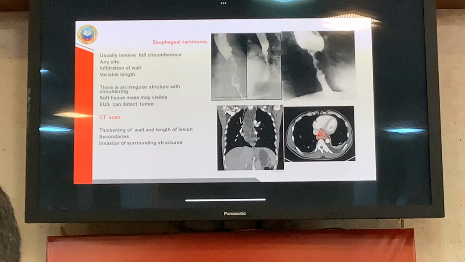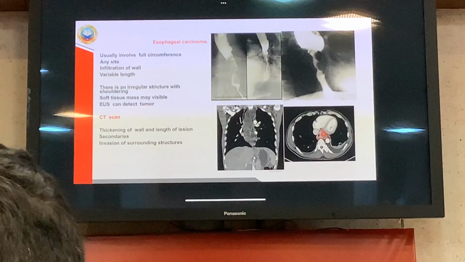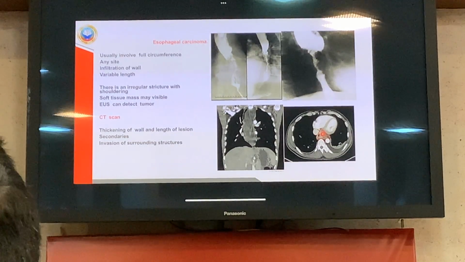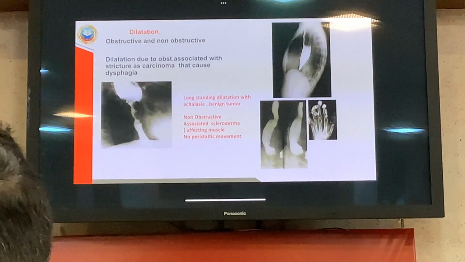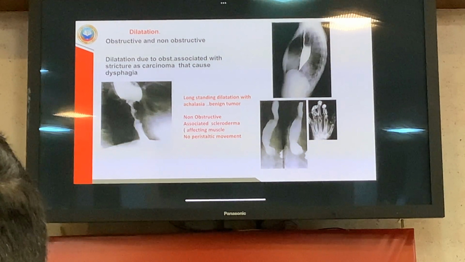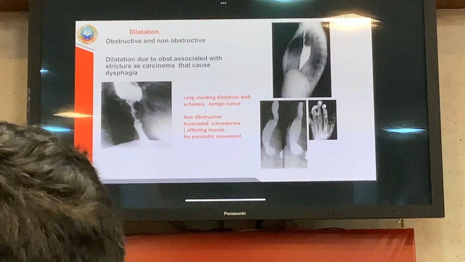This is a mass filling the esophagus, and by the transverse view it indicates a tumor of the esophagus. The role of the CT is to detect the mass, surrounding tissue, distant metastasis, all of these. Another finding, we have the mucosal pattern, and then we have stricture, then we have dilatation.